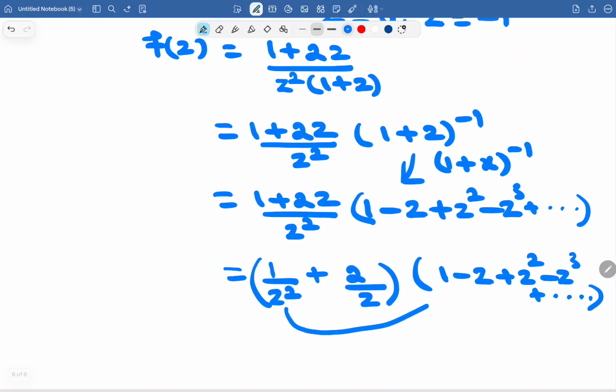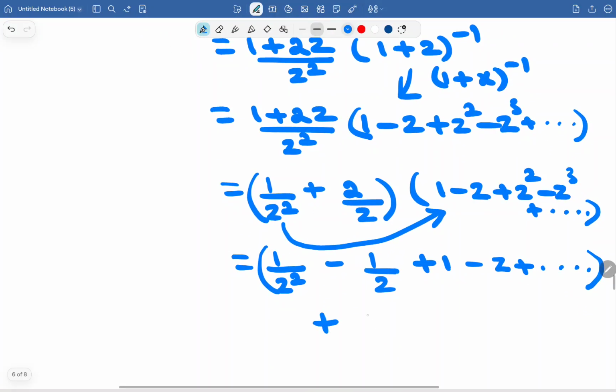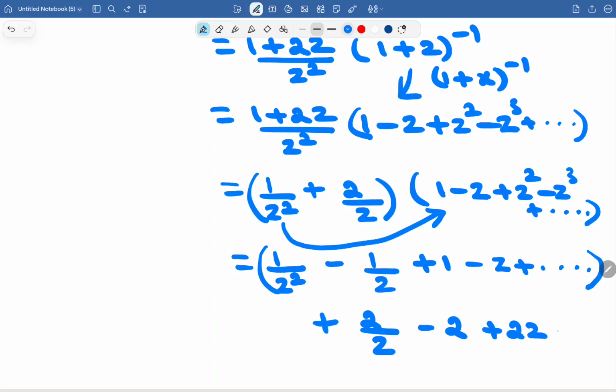Now multiply, we get 1 by z square minus 1 by z plus 1 minus z plus dot dot dot plus 2 by z minus 2 plus 2z minus 2z square plus dot dot dot.